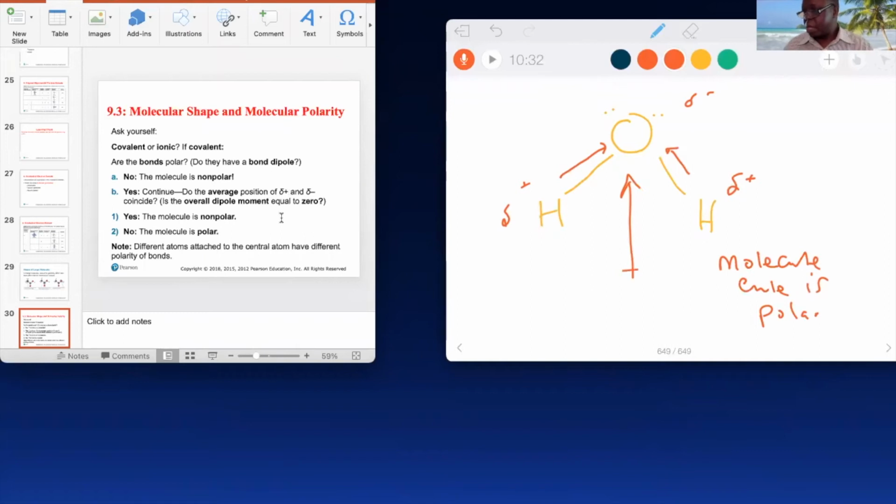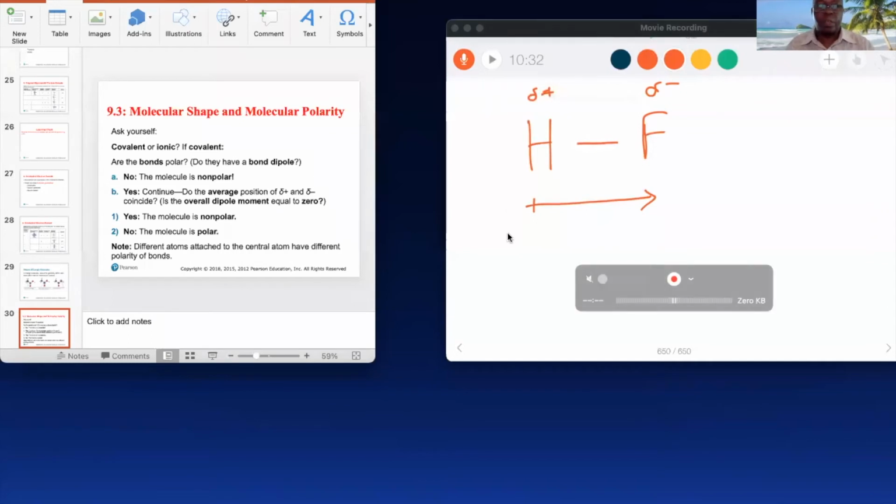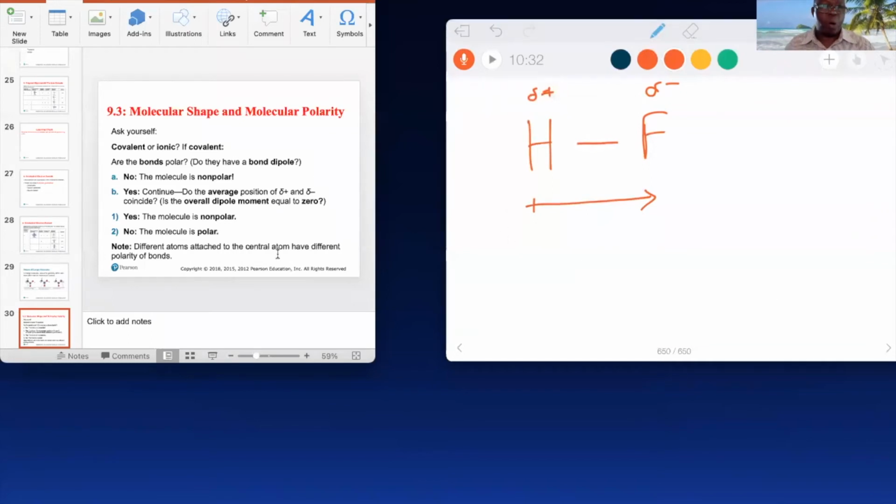This is based on the shape and how the electrons are displaced. You can have a simple molecule such as hydrogen fluoride, or hydrochloric acid. This is partially positive, partially negative, because fluorine is more electronegative, and the molecule is polar.